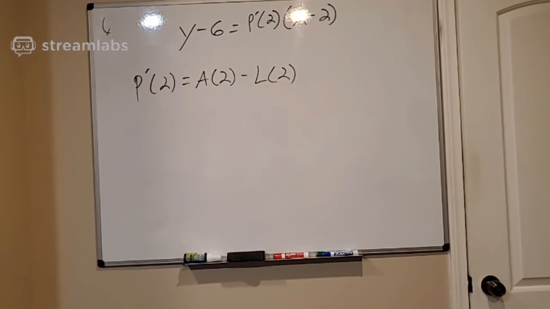Especially without a calculator, that's a really weird question. Okay. Part C. This is a L'Hopital's rule question, apparently. If you try to plug them in, you should get 0 over 0.